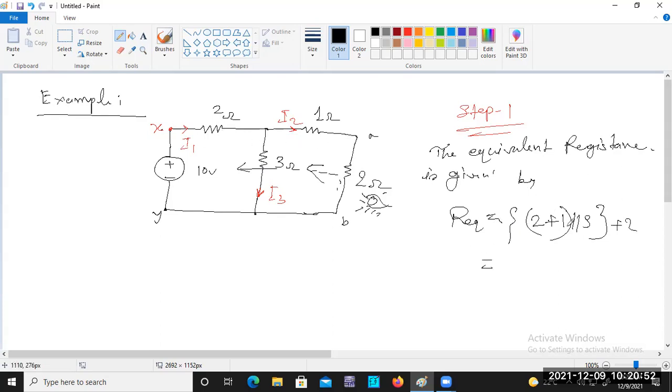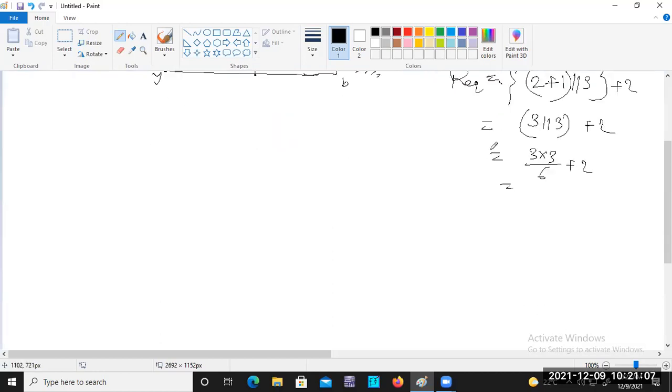So it is 3 parallel 3, then 2, which is actually 3 into 3 by 3 plus 3, that is 1.5, plus 2, so 7 by 2 equal to 3.5 ohm.